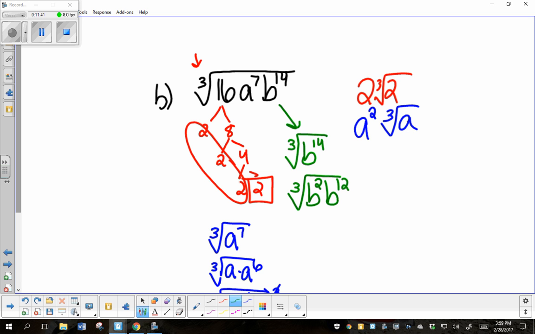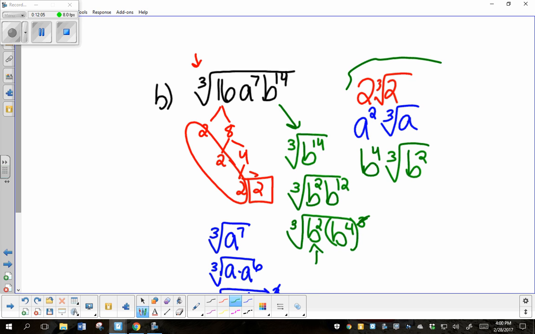Then I can't do anything with the b squared. He's just kind of sitting there. But I can write the b to the 12 part as b to the 4 cubed, because 4 times 3 would get me that 12. So this b squared has to stay on the inside. But the b to the 4 gets to come out because he's a perfect cube.